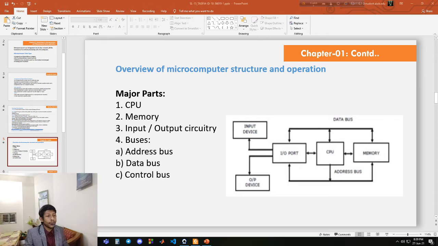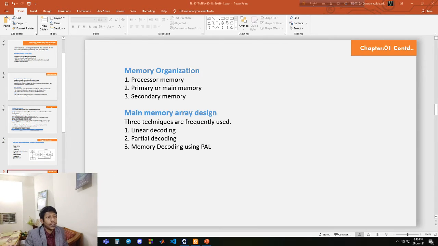There are 3 buses: address bus, data bus, and control bus. There are 3 types of memory organization: 1 is processor memory, 2 is primary memory, and 3 is secondary memory. Processor memory is integrated with the microprocessor.